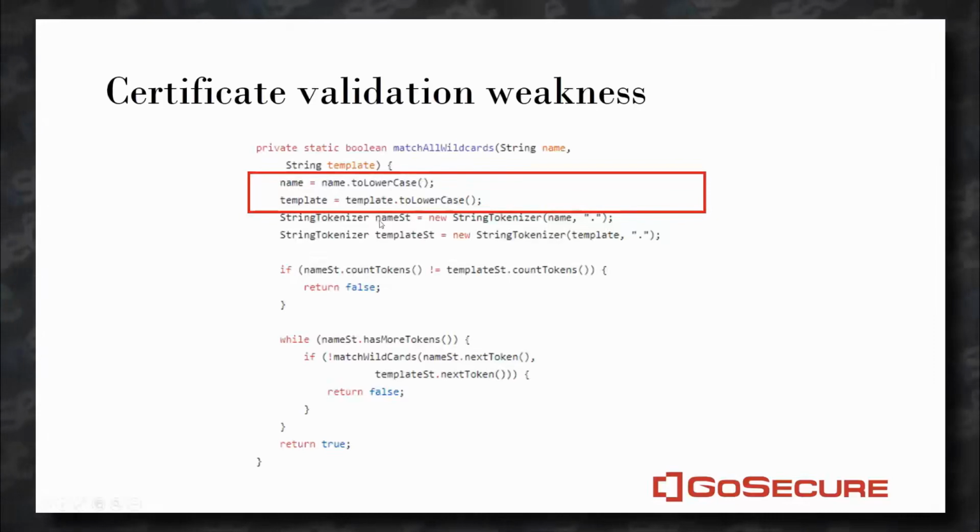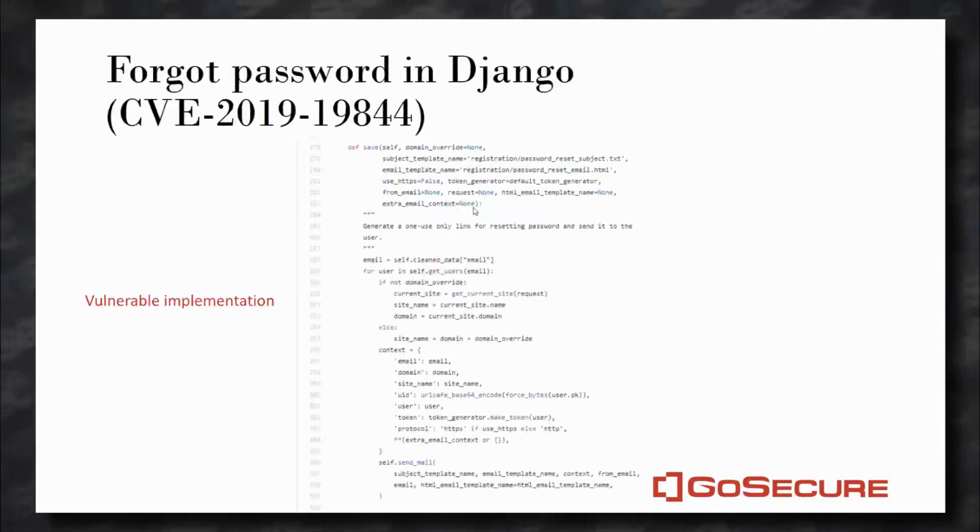But because toLowerCase is applied, we could have a malicious certificate that has a Kelvin K, for example, in the host name, and the Kelvin degree would be transposed to a lowercase k in this case, and could be used to bypass this host verification.